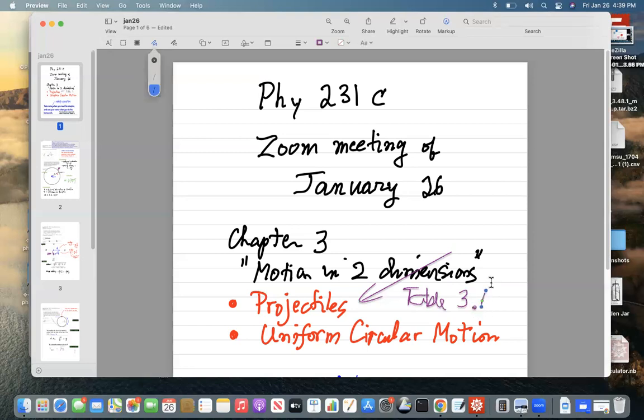It summarizes the equations for solving projectile motion problems. So in the process of reading chapter 3, you should write down the equations that appear in table 3.1. You'll have all the equations that are necessary to do calculations for projectiles.